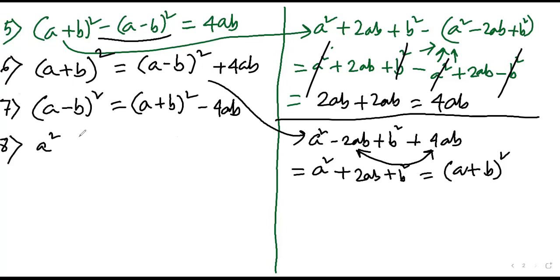This is the formula for factorization, that is a square minus b square. Why? As we have just expressed the term a square minus b square in terms of the product of two expressions, namely a plus b and a minus b. Clear?